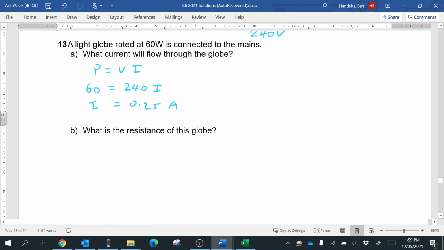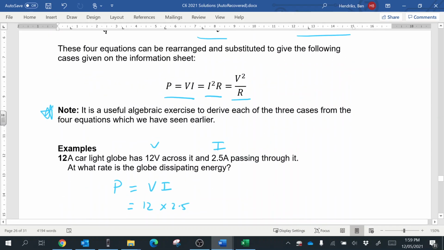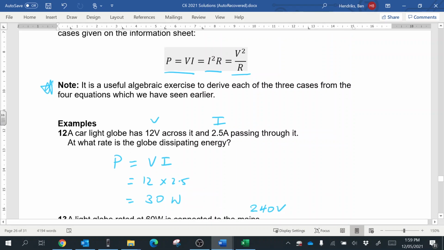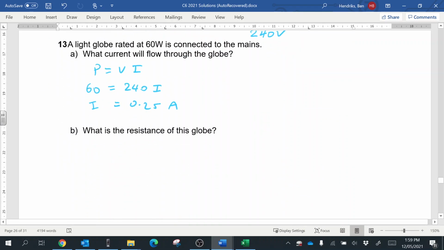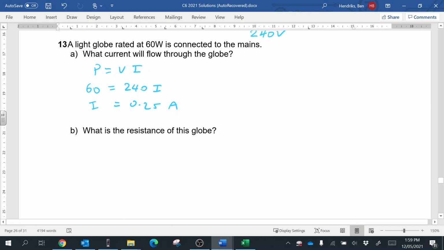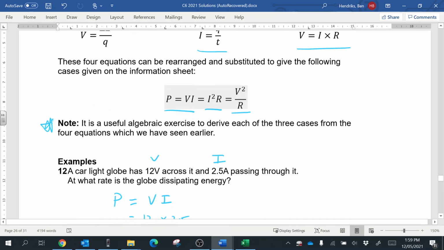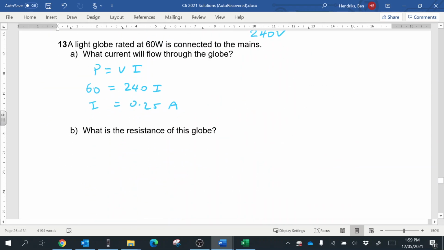What is the resistance of the globe? Okay, let's go back up to our equations up here. We can use one of these. Because we've been given P and V to start off with, I'm going to use P equals V squared over R. We can also use it to check with our I if we like.